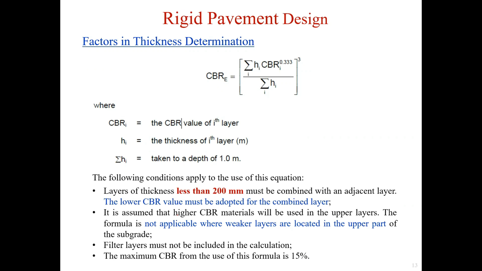In other words, the magnitude of CBR has to be in descending order. If there's any filter layer, then it must not be included in the calculation. Finally, the maximum CBR for the use of this formula is 15%. So that's the 4 conditions we have to follow when using this formula.